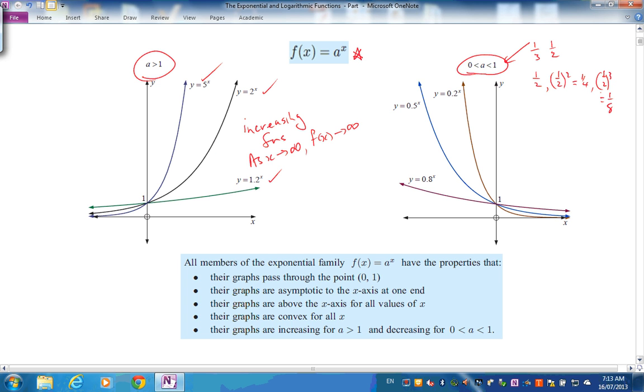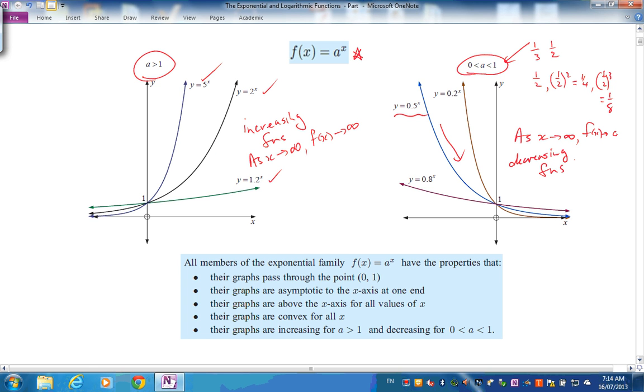And that's what we see over here. There's 0.5 to the x, or a half to the x, and as x tends to infinity, the function is tending to 0. So this is a decreasing exponential function, or a whole family of decreasing functions.